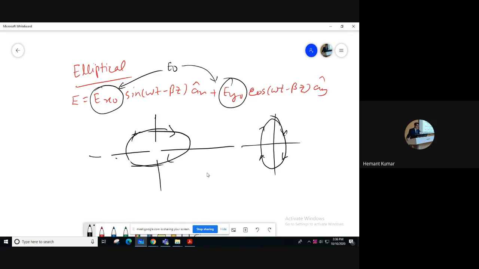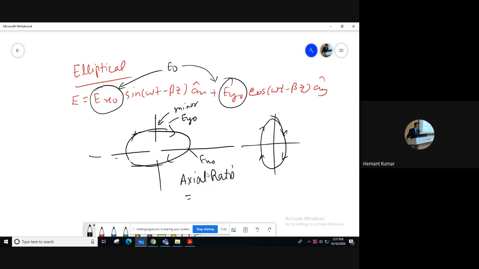So here, actually, why the linear and the circular polarized are special cases: if you assume this is the minor axis, this is equal to Ey0, and this is equal to Ex0. There is one term known as axial ratio.